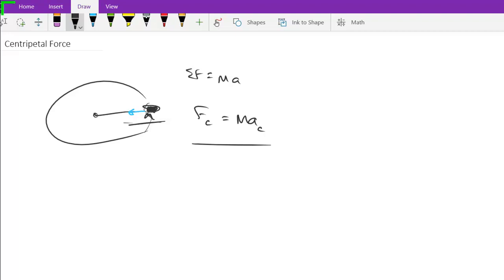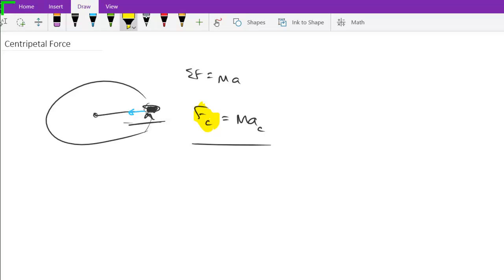But just because it has its own name, don't let it fool you that there's some new force we're introducing. There is no new force here. It's simply that all the forces we've introduced previously may act as a centripetal force.